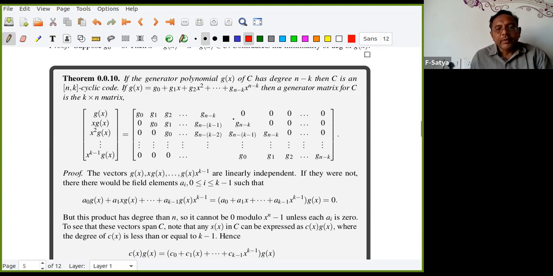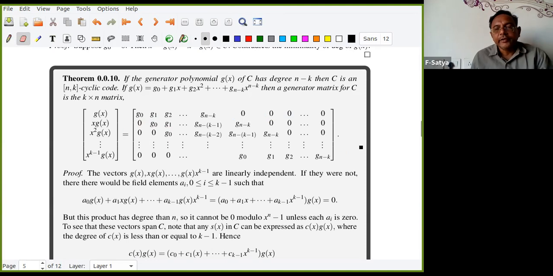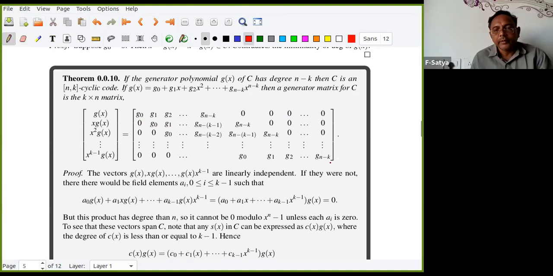What is the first row? The coefficients of that polynomial, and at the end we add extra zeros. How many zeros we add, we will discuss. So this is a k cross n matrix.